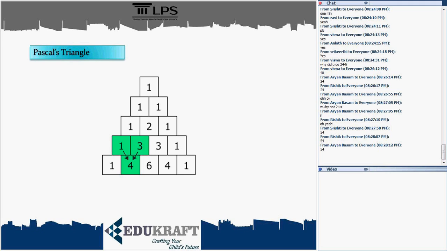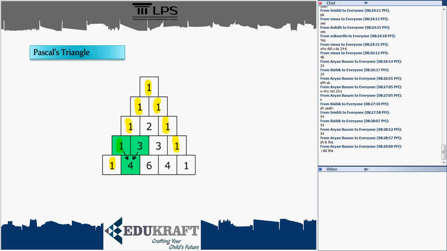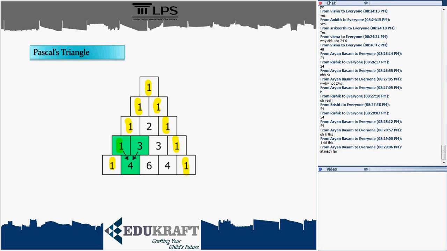It looks like this, with the one at the top, and then here, each row always has one at the ends. The numbers are calculated by simply adding these two.